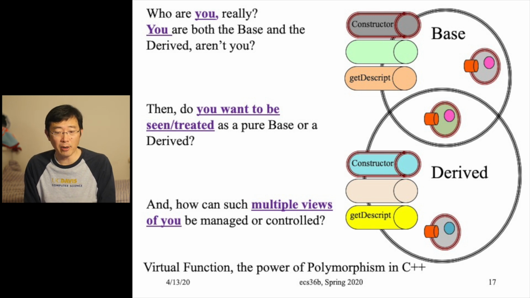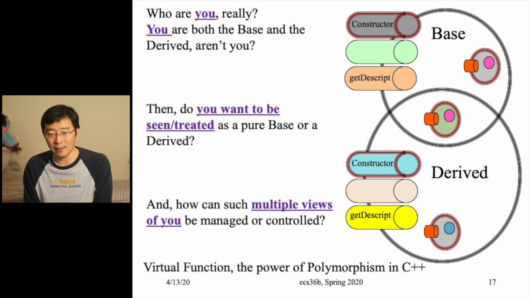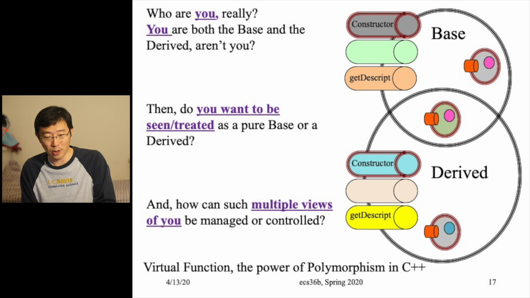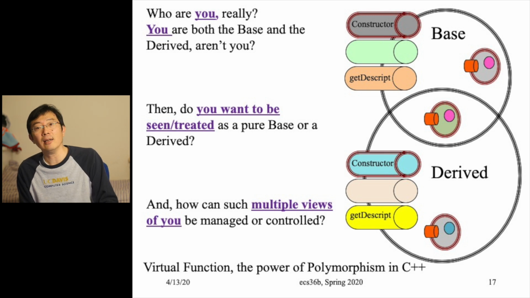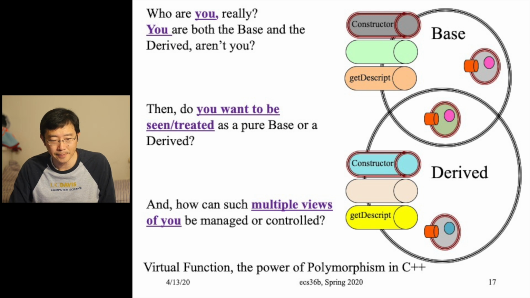That concept is very useful because it represents the question I posted here: do you want the object to be seen or treated as a pure base or as a derived? If you want to treat it as a pure base, don't use a virtual function. If you want to treat it as a derived, then you need to use a virtual function. That's your power to decide.